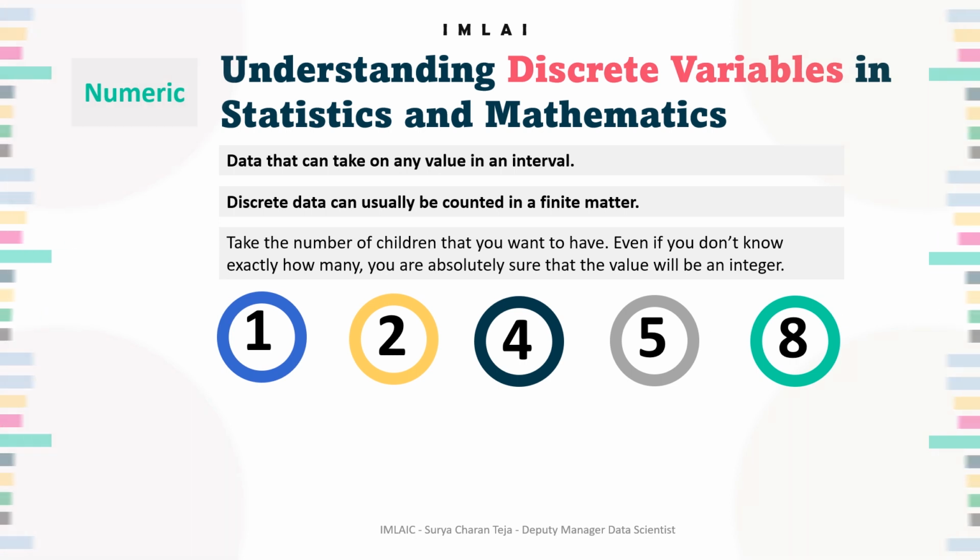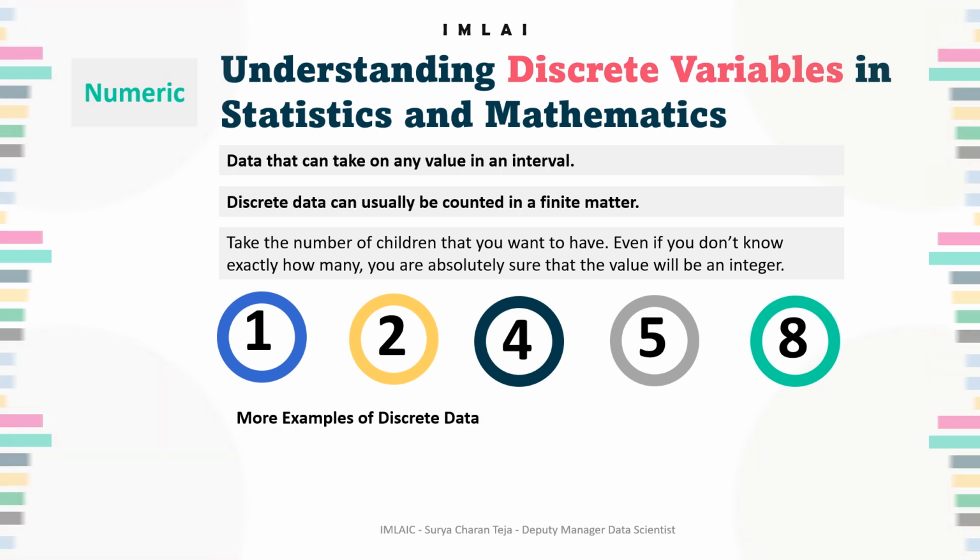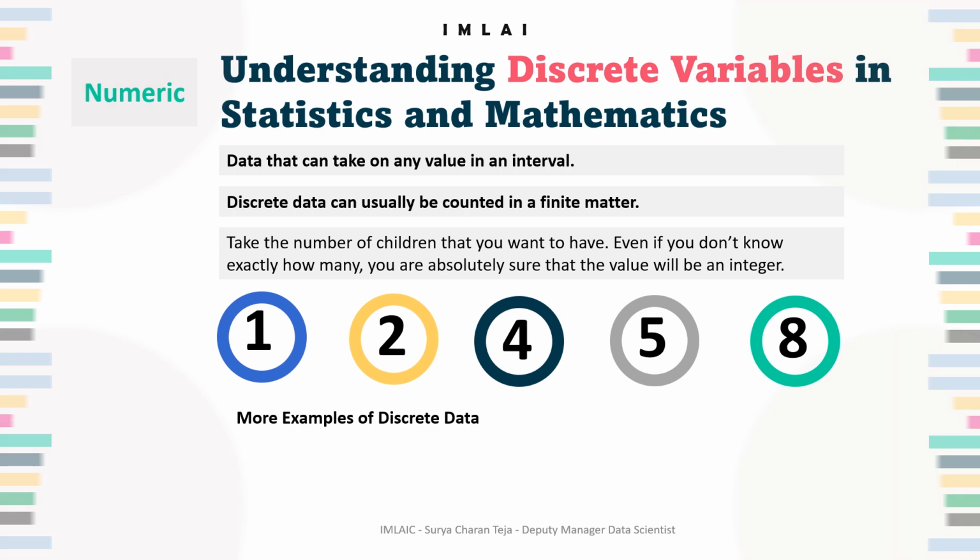We will look into more examples here, just to make sure we understand discrete and continuous data better together. Grades at universities are discrete.